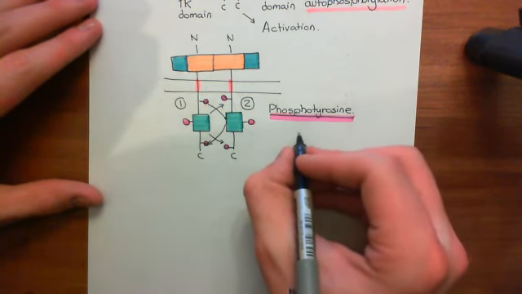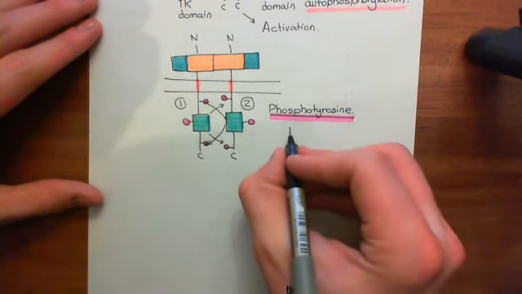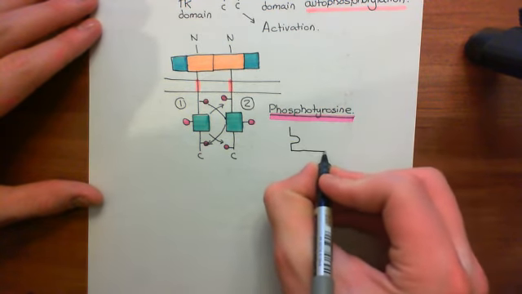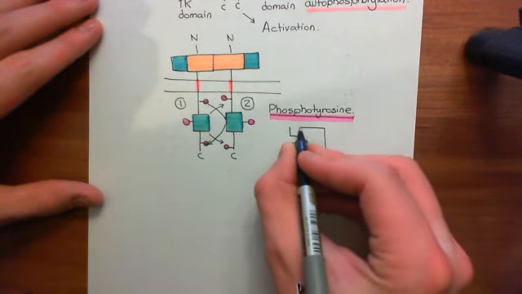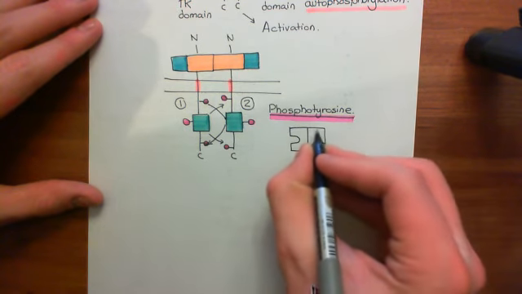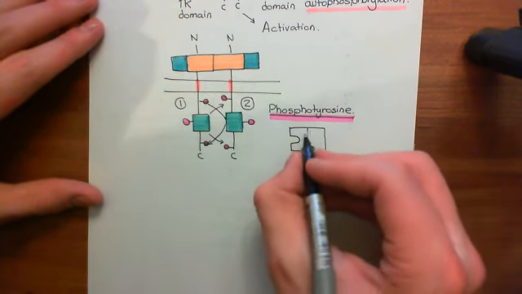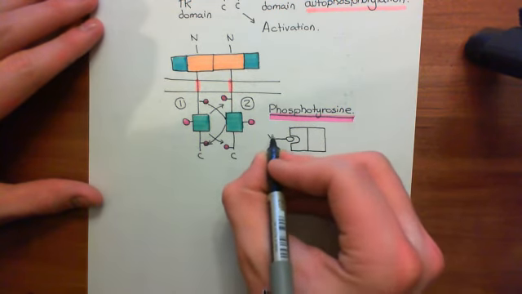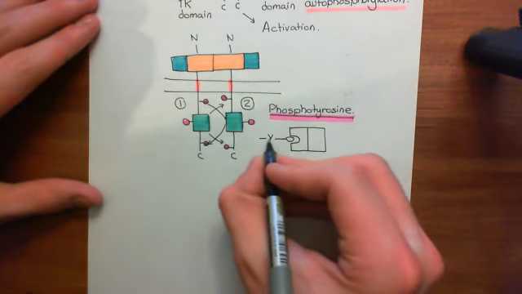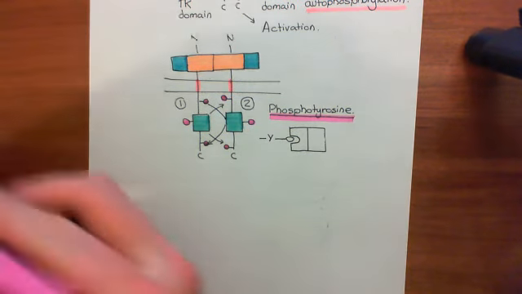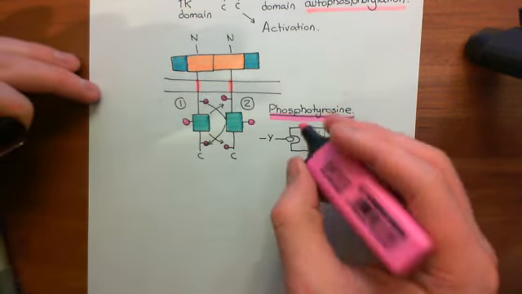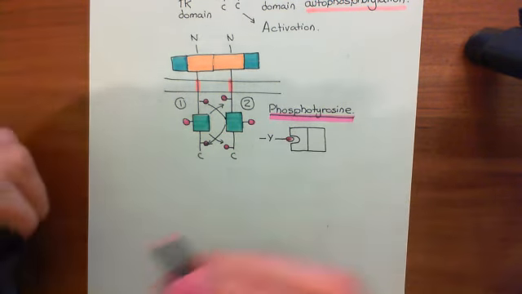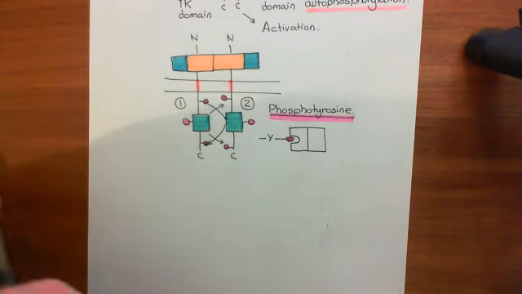So there are important domains that proteins can have which are capable of binding to phosphotyrosine residues. I'll discuss these two special domains now. So let's say this is representing a protein. Basically, in order to bind to a phosphotyrosine residue, let's say this is a tyrosine residue with a phosphate group coming off, there are special conserved domains within proteins which are capable of binding to phosphotyrosine residues.